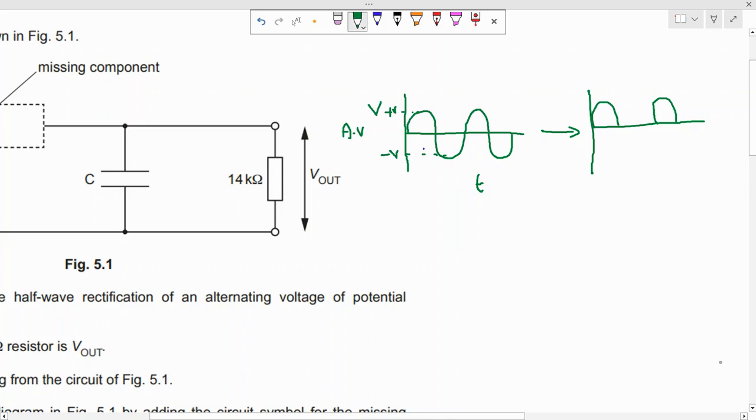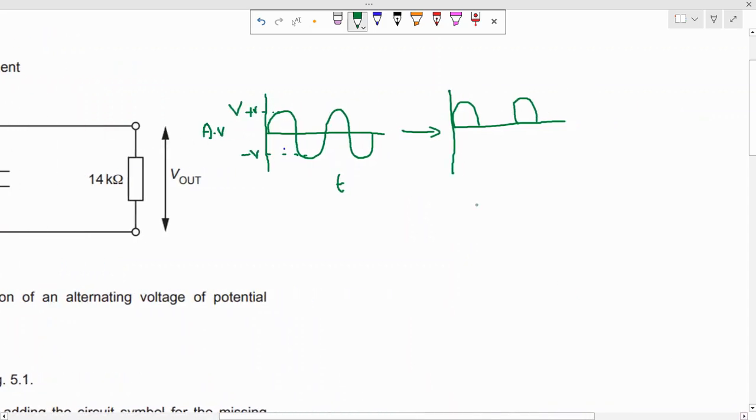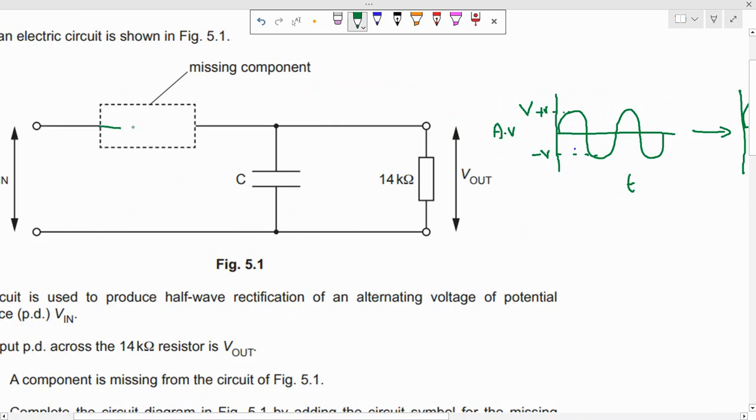But after passing the alternating voltage through the missing component, we are getting rectified voltage, that is called direct voltage. The direct voltage will have only the positive potential difference. The negative potential difference will not be allowed by that component. That will be possible only with the diode. So the missing component should be the diode.